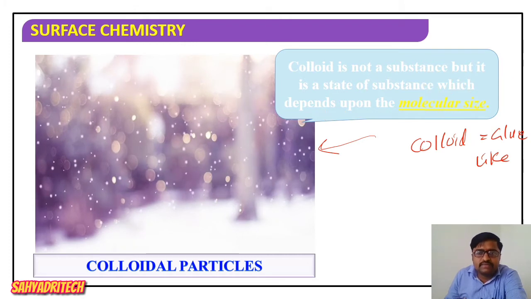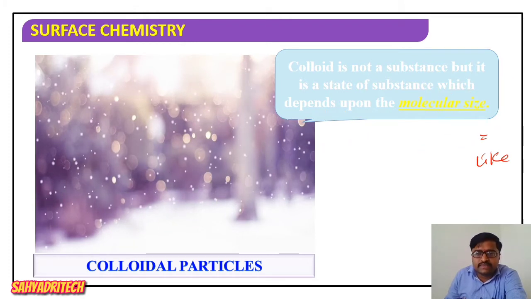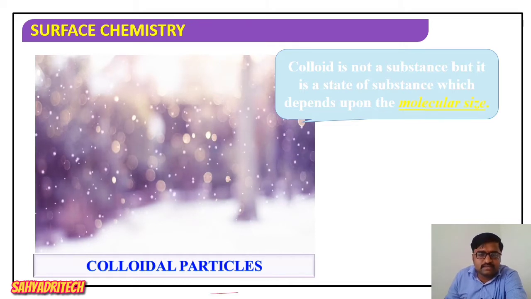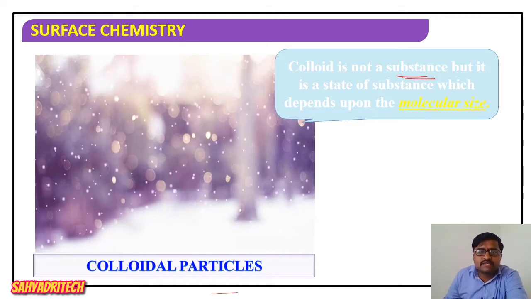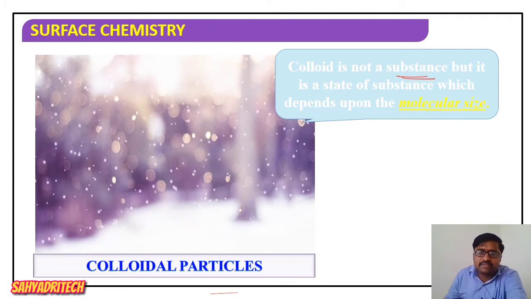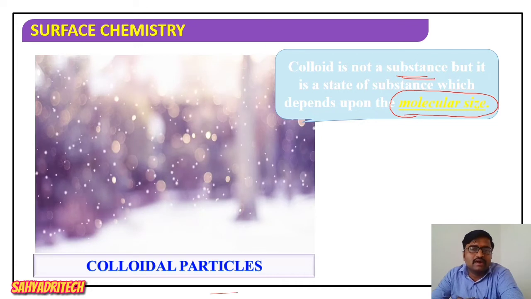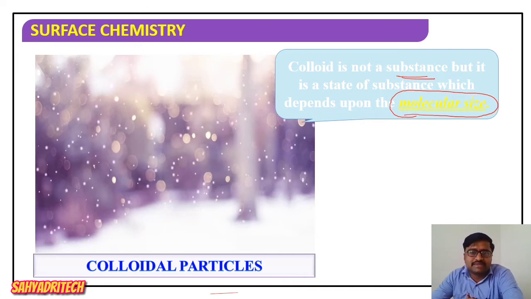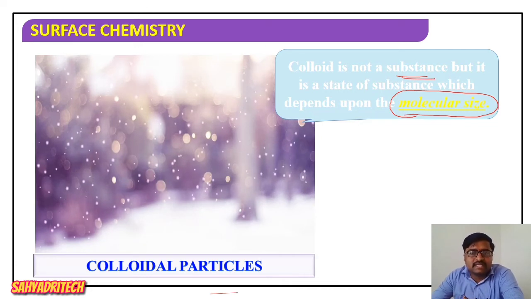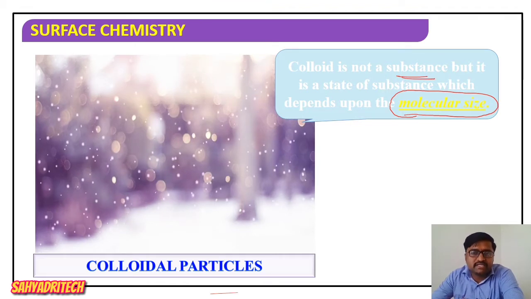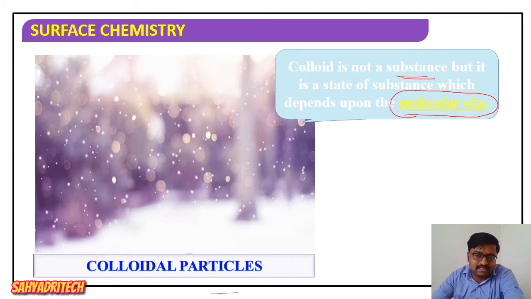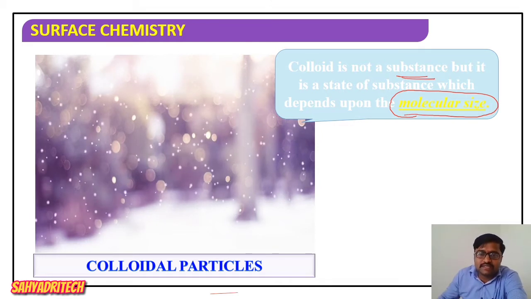Colloid is not a substance, but it is a state of substance which depends upon the molecular size. So how are we defining colloid? Colloid is not a substance, but a state of substance which depends upon the molecular size.